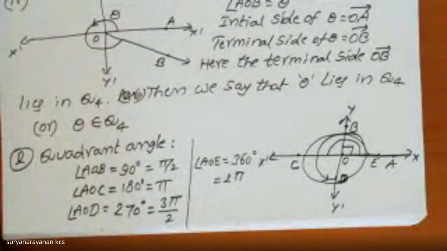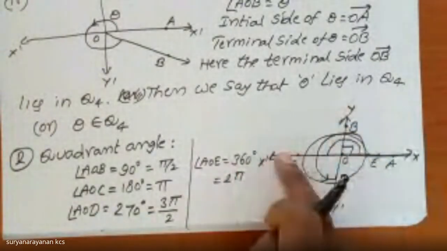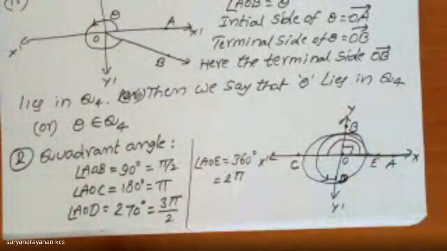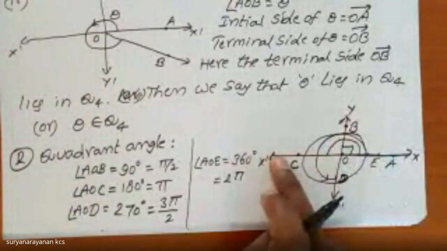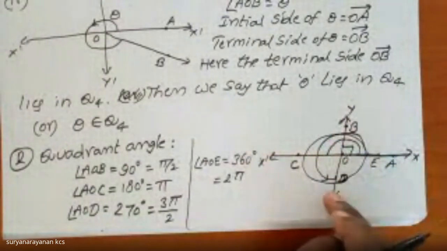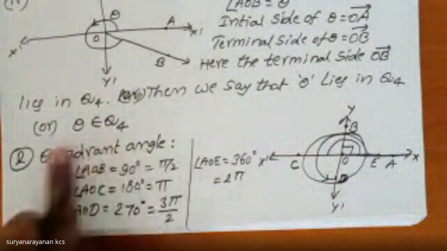If the terminal side of an angle coincides with any one of the axes, either positive x-axis, positive y-axis, negative x-axis or negative y-axis, then the angle is said to be a quadrant angle.